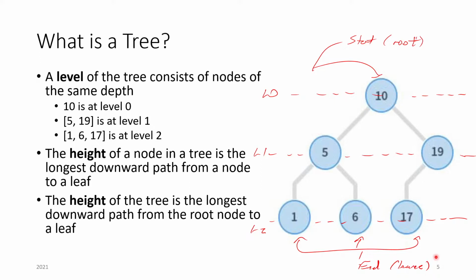So for instance, and I'm just illustrating here, if this 17 here connected to some other node, and let's call this 8, then the height of the tree here would be the longest path you can take, which will go this way, and here, and then here. And at this point, this will be at level 3 for this node. So the height of the tree here will be 3, being the longest path you can take from the root to a leaf.